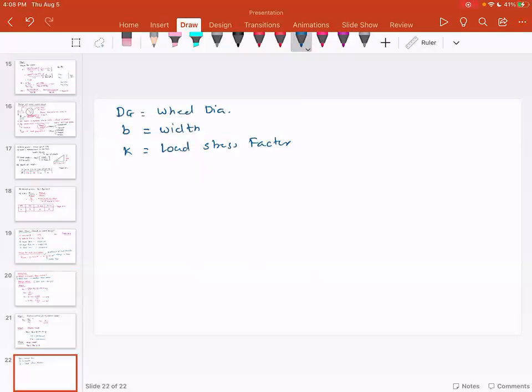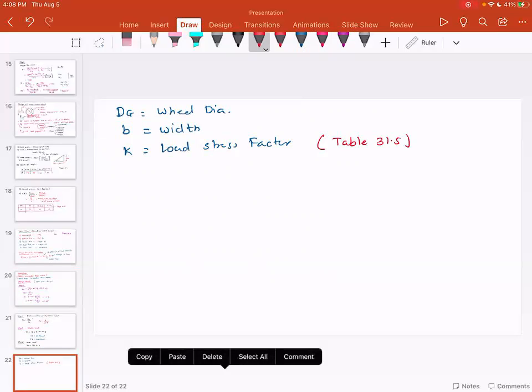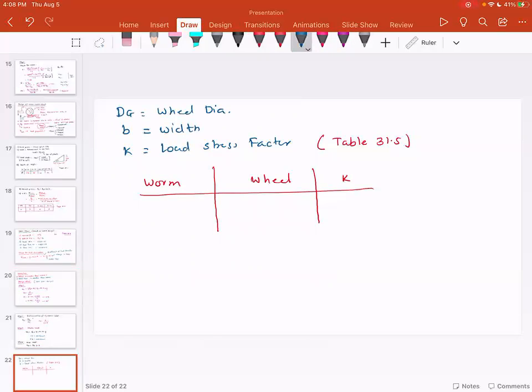The load stress factor for worm gear, so this value of K can be found out from table 31.5. So if you look at table 31.5, you have worm, then you have wheel, and for a particular combination of worm and worm wheel, the load stress factor is given.